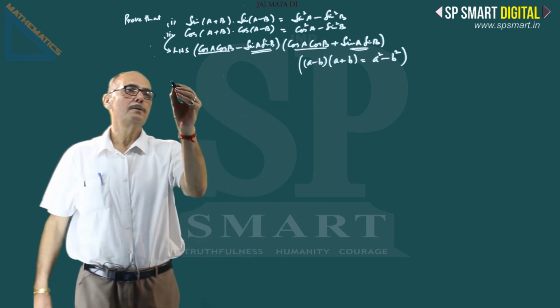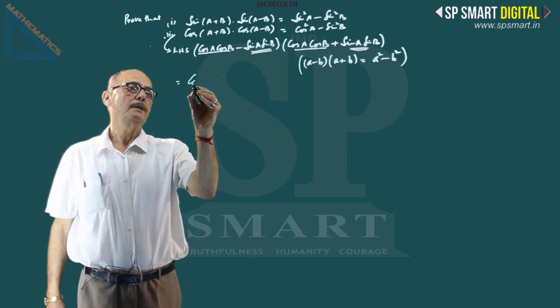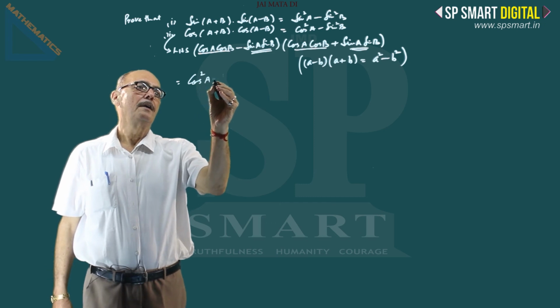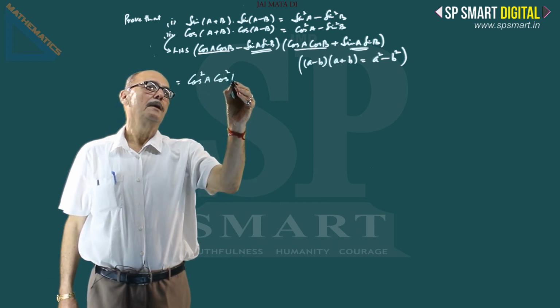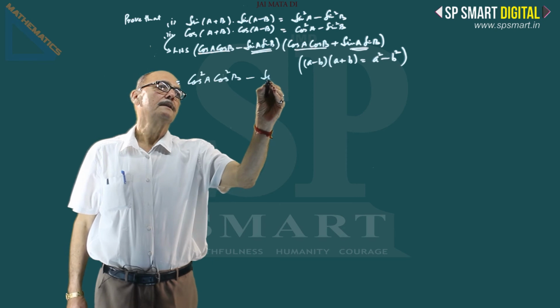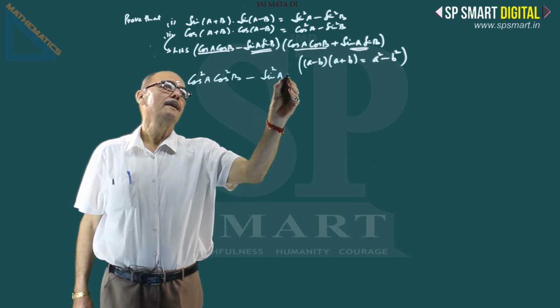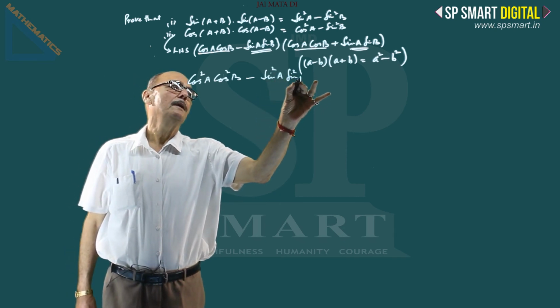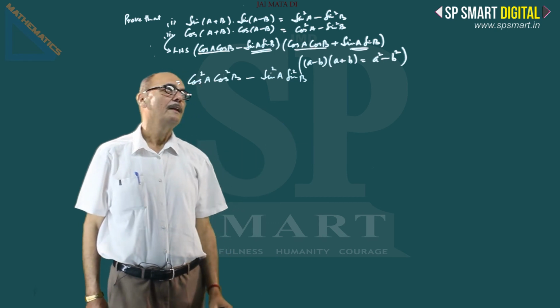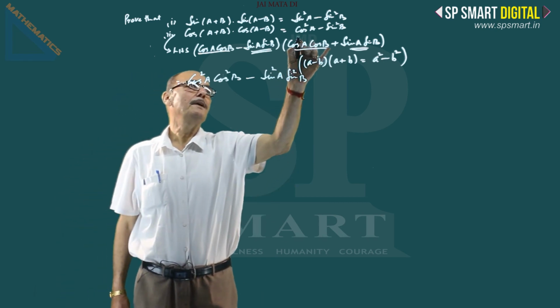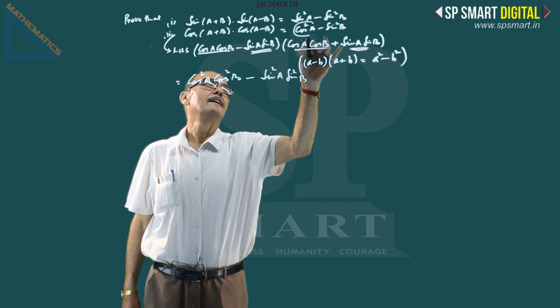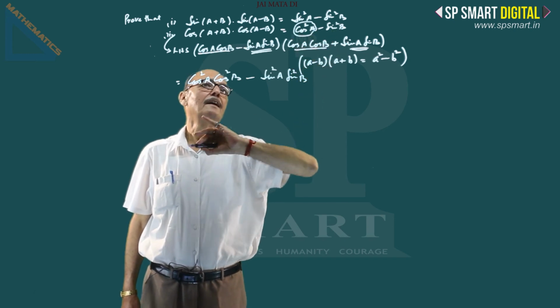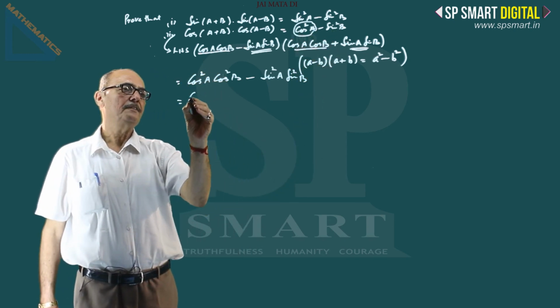So, this will be equal to cos square A cos square B minus sin square A sin square B. Well, my requirement is cos square A on the right hand side. So, keep cos square A as it is.